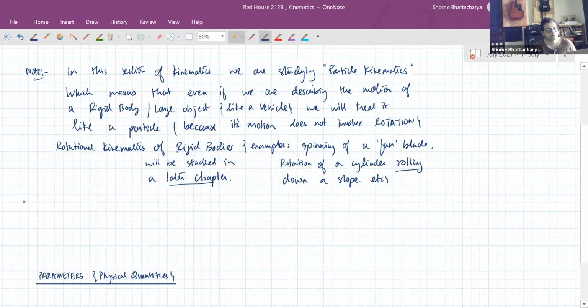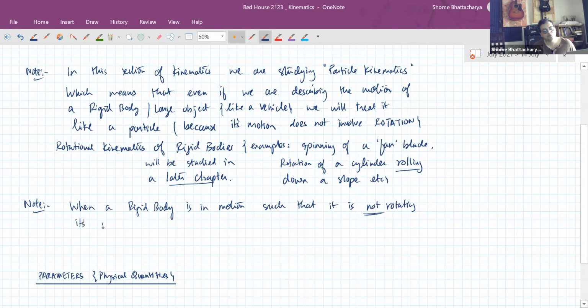So additionally, when a rigid body is in motion such that it is not rotating, its motion is called pure translation.